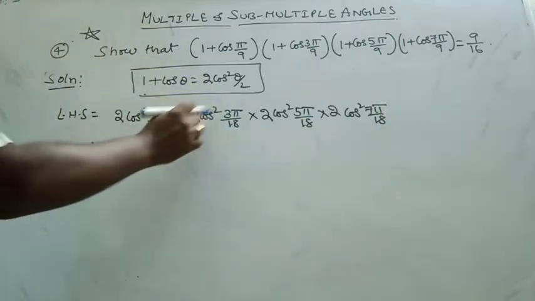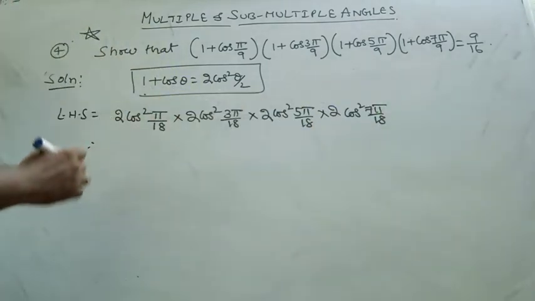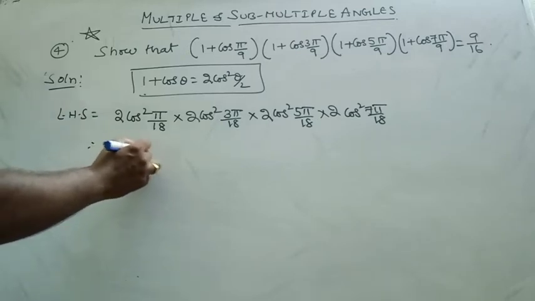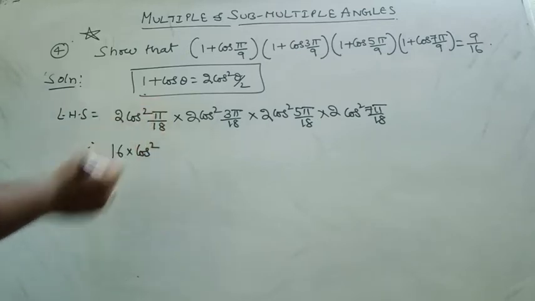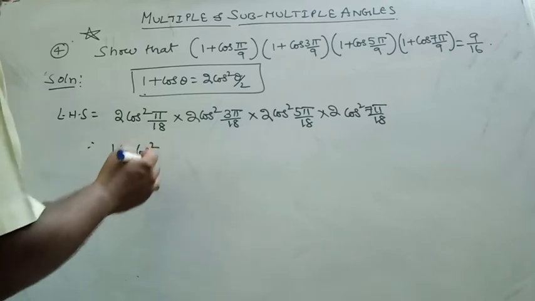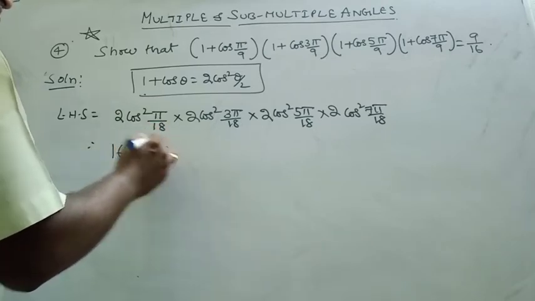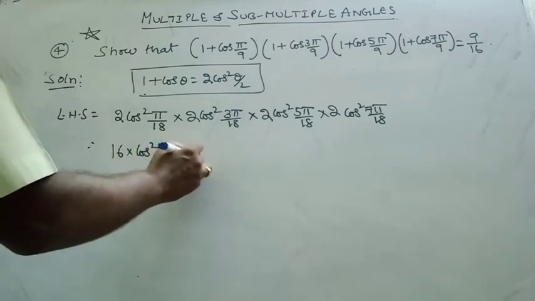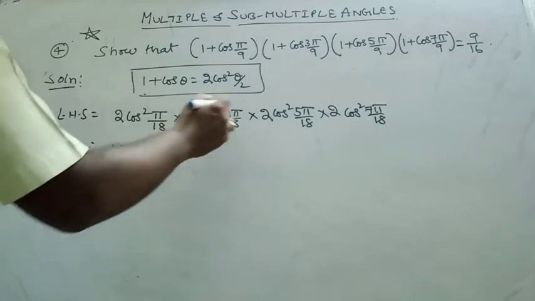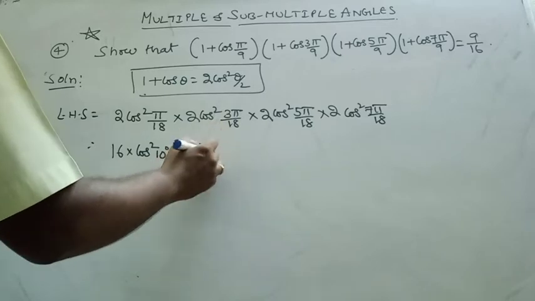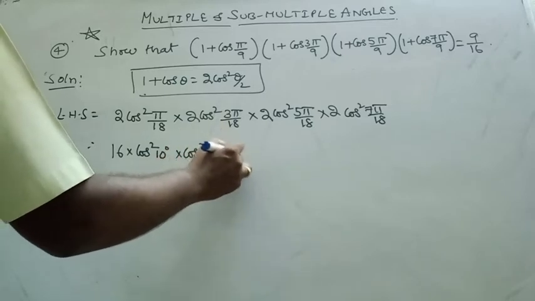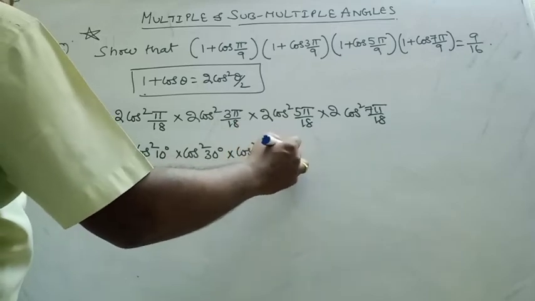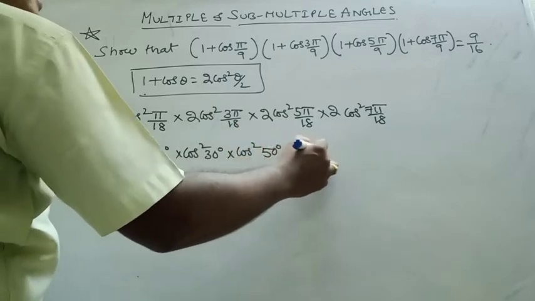Now 2 into 2 into 2 into 2, that is 2 power 4, that is 16, and this is now cos square 180 by 18. 180 by 18 means what? Cos square 10 degrees, into cos square 30 degrees, since 3 pi by 18 means 30 degrees, into cos square 50 degrees, next cos square 70 degrees.